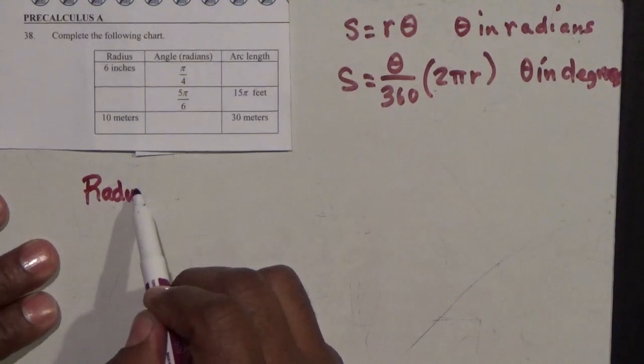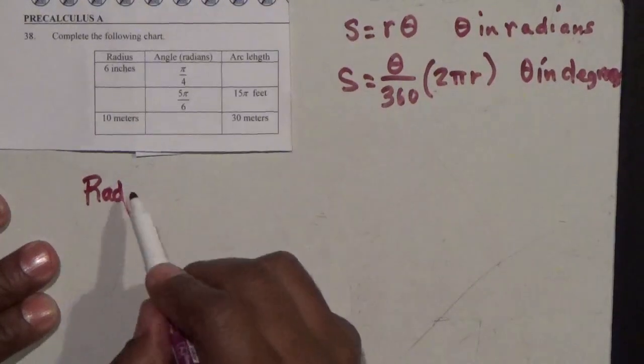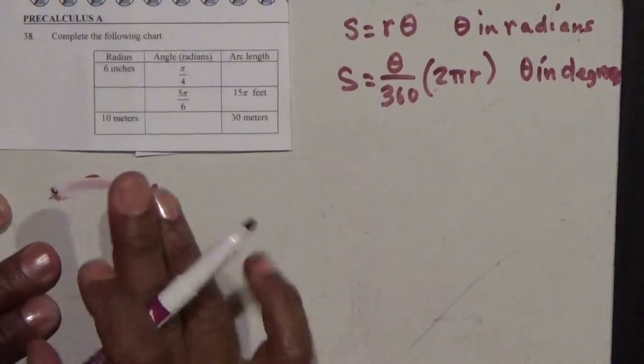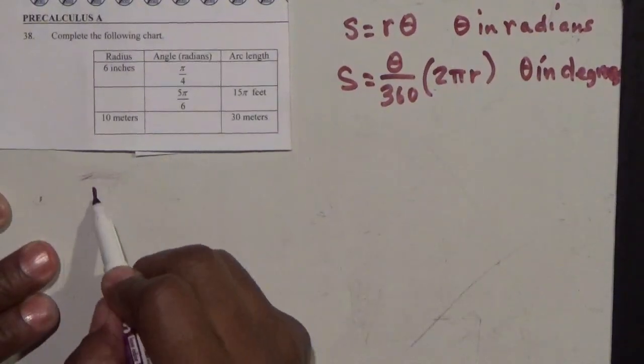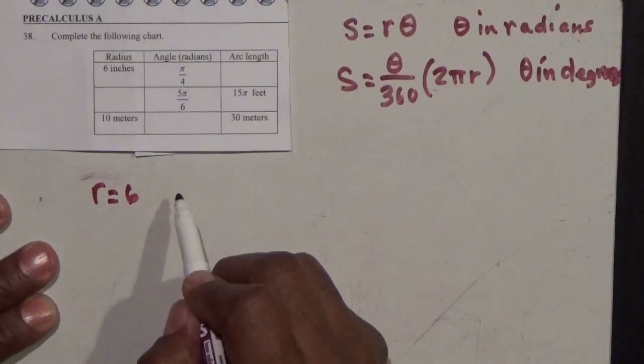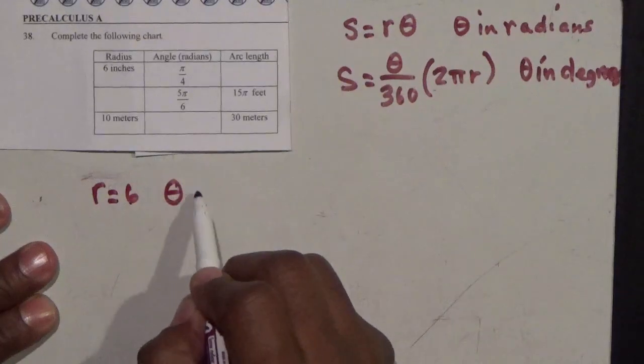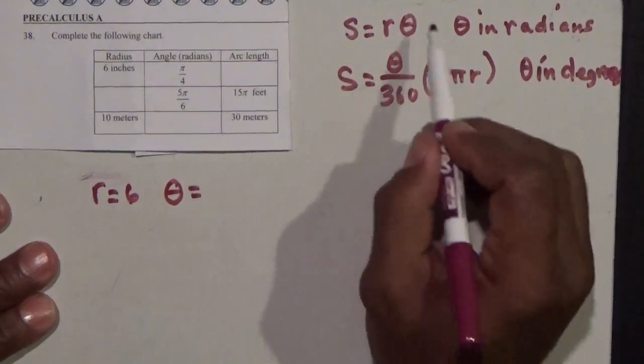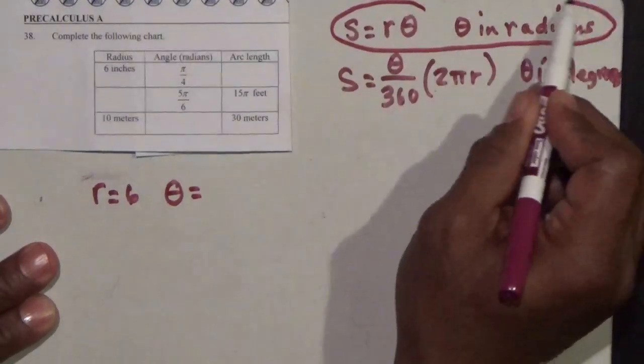All right, the problem tells you that the radius is 6. Let's just erase this. R is 6, theta in radians. They give you almost everything in radians, so we're using this formula for this problem.